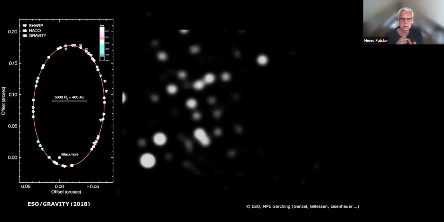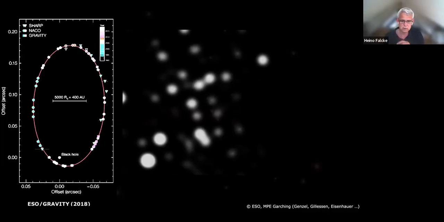And from the speed, how fast they rotate, that's 8,000 kilometers per second if you go close to the turning point. That means we need a lot of mass, a lot of gravity to keep you on an orbit. If you go around a curve with 8,000 kilometers per second, from that we can deduce a mass, and it's 4 million times the mass of the sun.